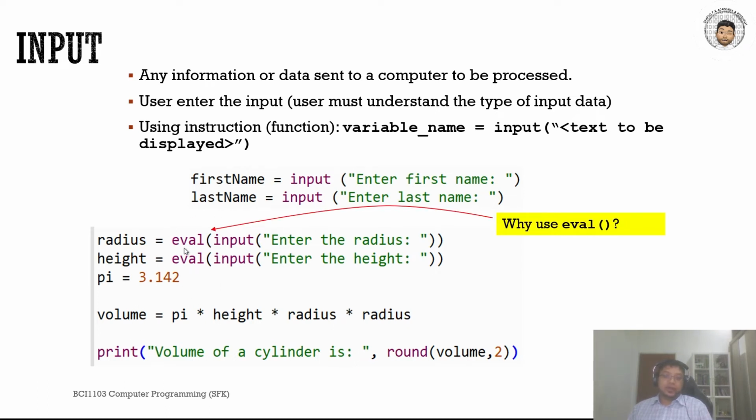When we use eval, whether it's an integer, float, or complex number, it can be recognized and it will select the suitable data type to define inside your code. So if you don't want to figure out integer or float or whatever, you can just use eval. You don't have to worry if you use eval here. If not, if you want to change number, you have to put integer, float.